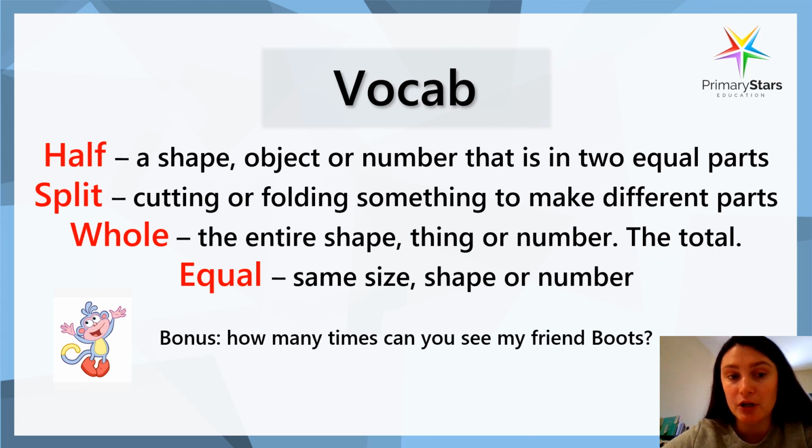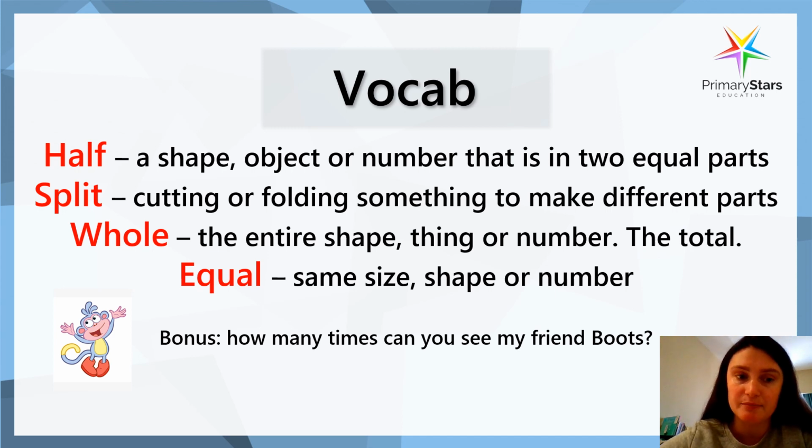Now half, when you look at it, it's got a letter in it that we don't say when we say the word half. It's spelled h-a-l-f, but we don't say the l sound, we just say half. So a half means a shape, object or number that is in two equal parts.